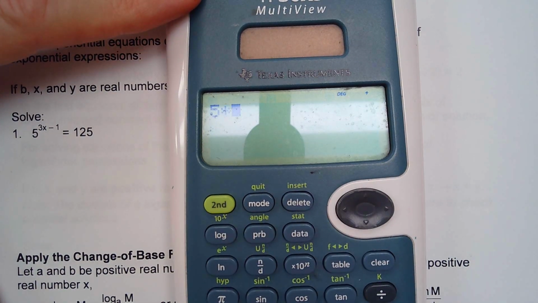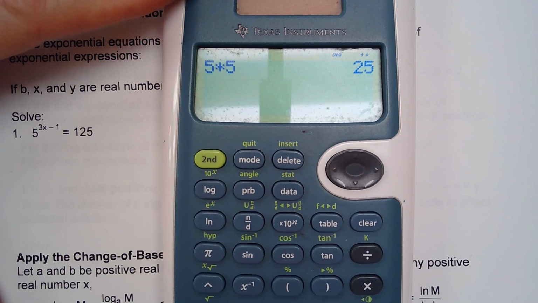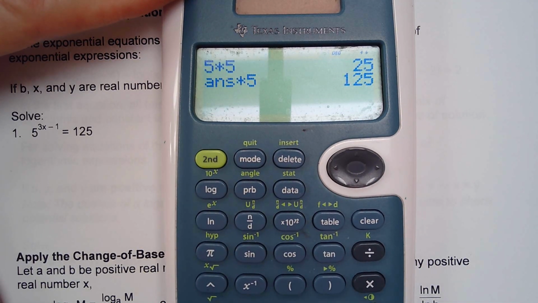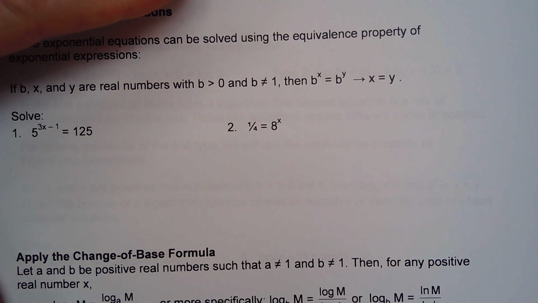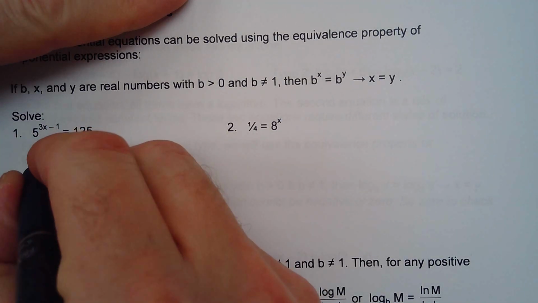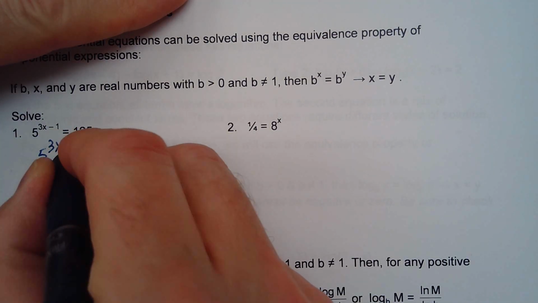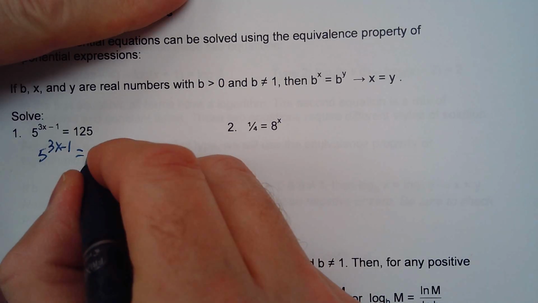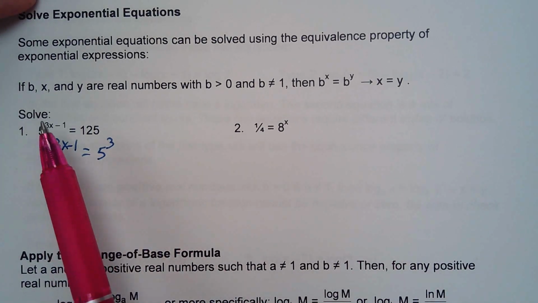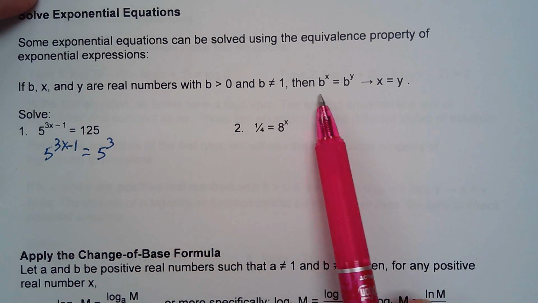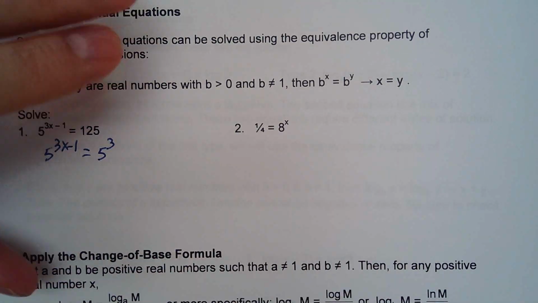Well, 5 times 5 is 25, times 5 is 125. So I'm going to need 3 of those. I'm going to leave this side alone, but I'm going to rewrite this as 5 to the third power. Now I'm going to use this property that my exponential function is one-to-one.